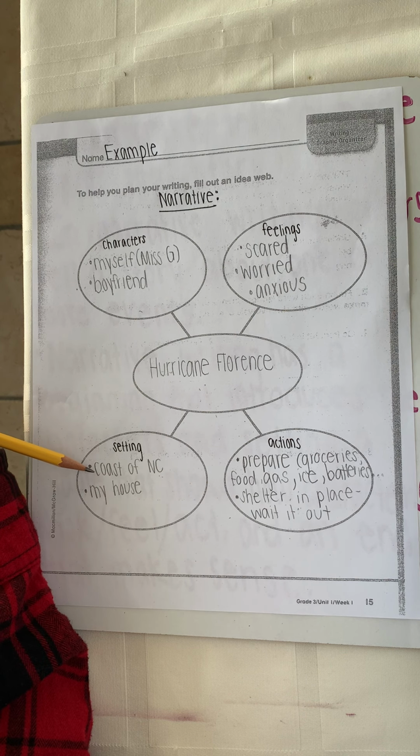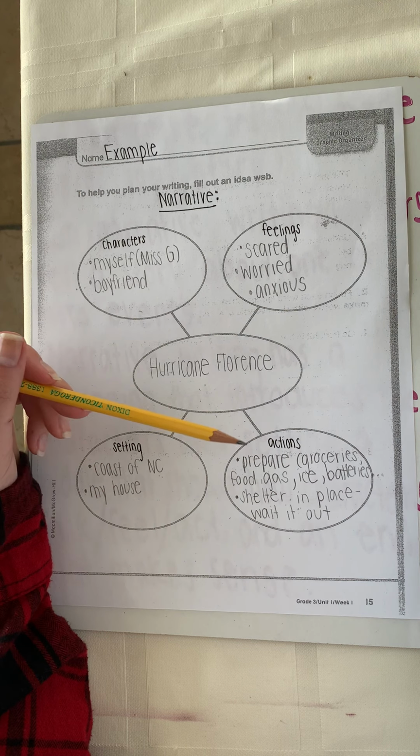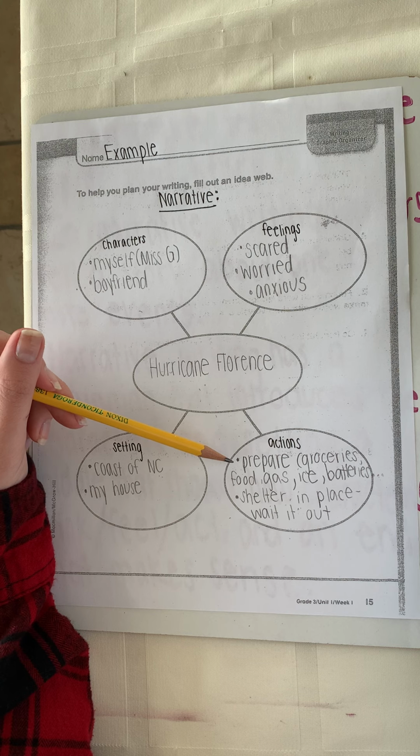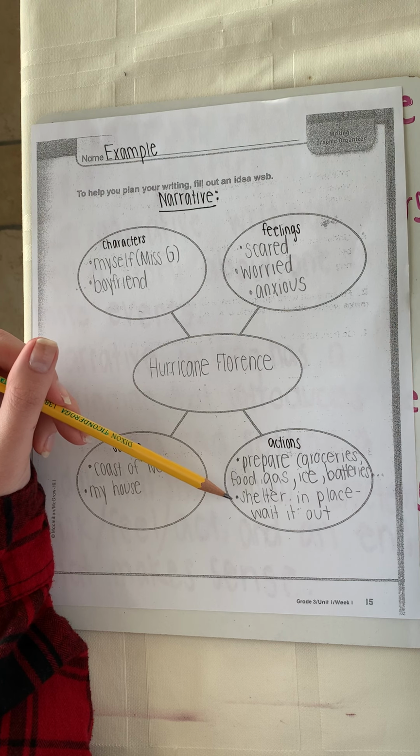The setting, the hurricane took place on the coast of North Carolina, and in a more specific location, would be my house. And as far as actions, I'm going to talk about how we prepared for the hurricane and how we stayed in the house and waited the hurricane out.